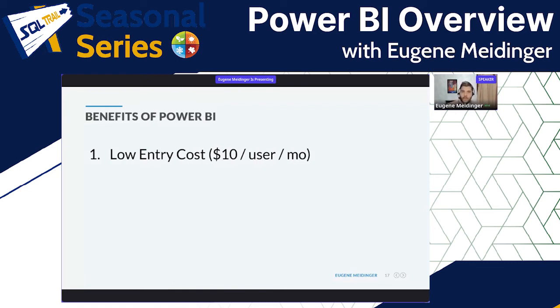It gets more complicated when you get to the higher sizes or larger workloads, but starting out, $10 per user per month. And this is for people both creating and consuming reports. There's no separation in licenses there until you get up to like 500 users or something like that.